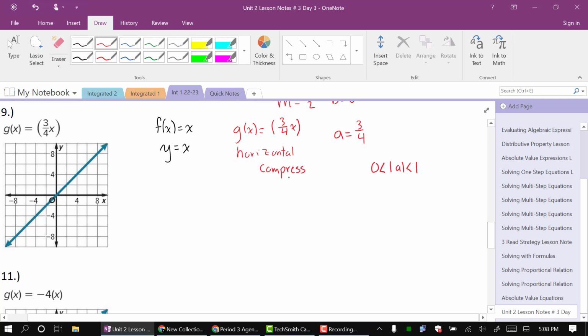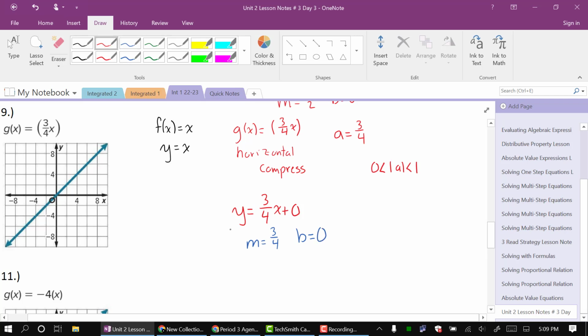Since this is a compress, that means our graph is going to get a little tighter, and that's okay. So we have y equals 3/4x plus 0. My m value for this is going to be 3/4. My b value for this is going to be 0.